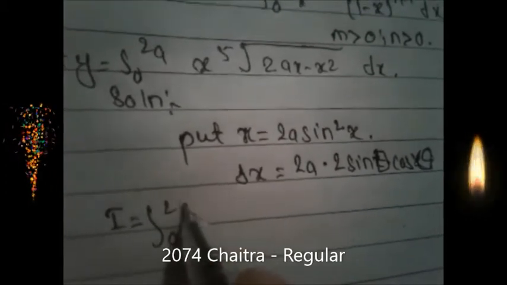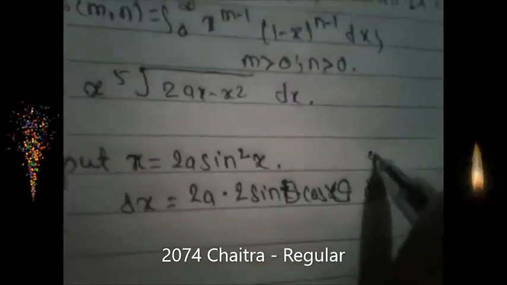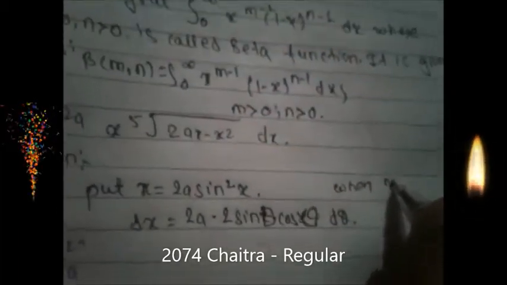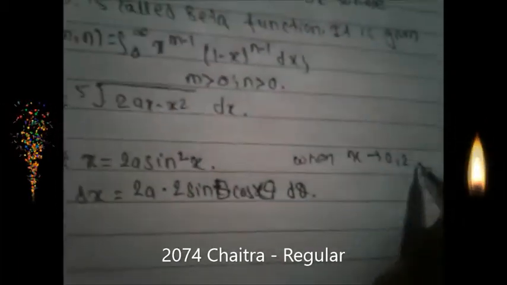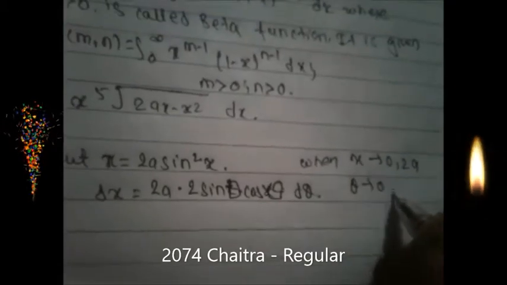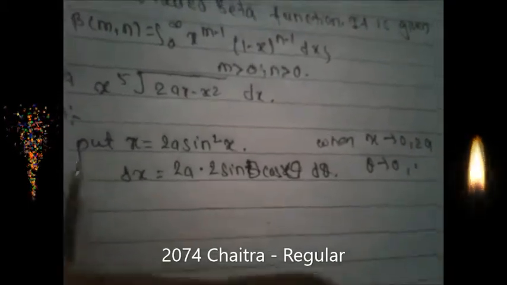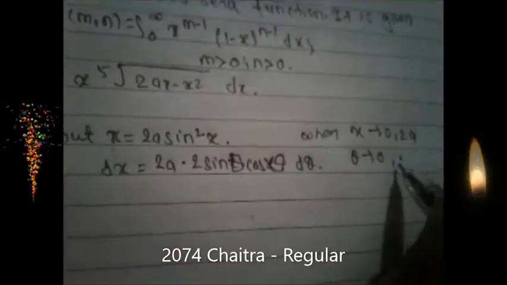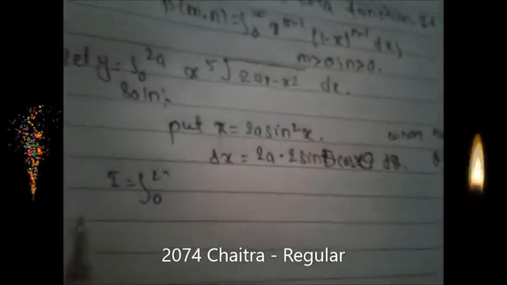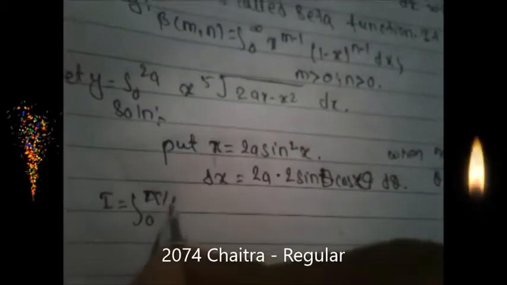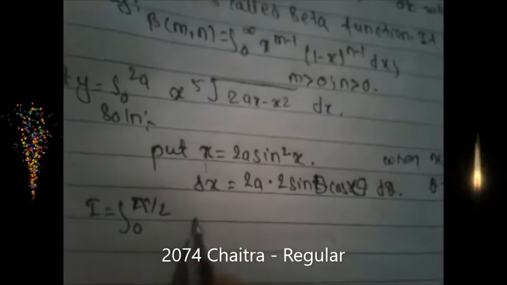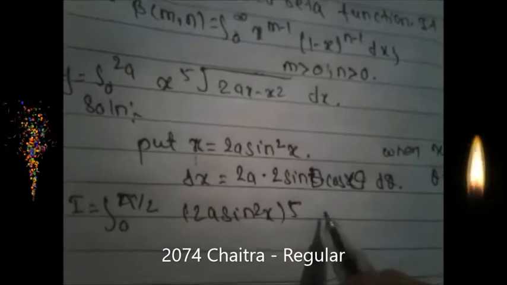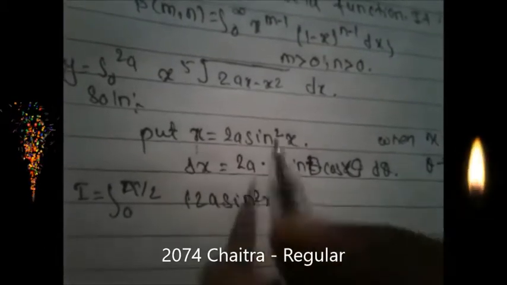When x tends from 0 to 2a, our theta tends from 0 to pi by 2. When x is 0, theta is 0, and when x is 2a, our theta tends to pi by 2. So 0 to pi by 2 is our limit.